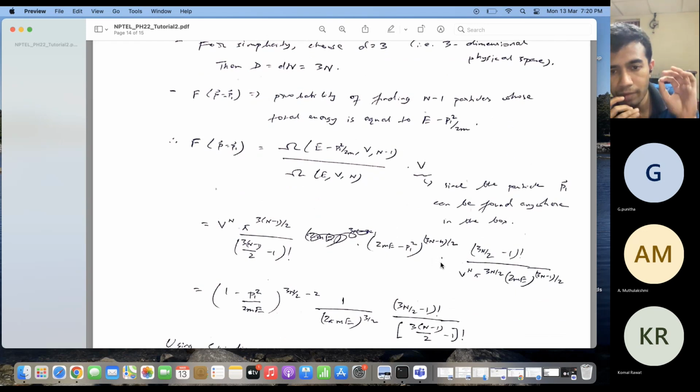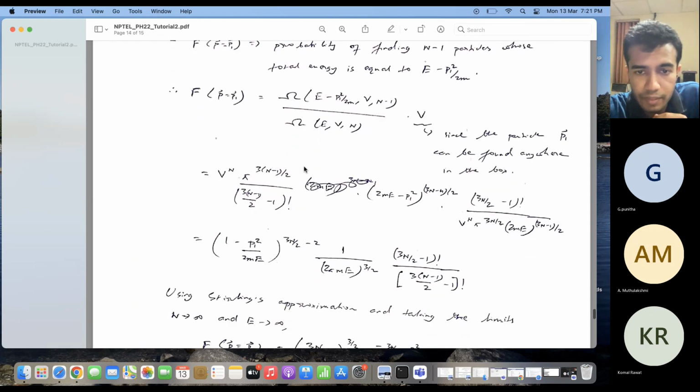Because the particle of momentum p1 can be residing at any point in my box. Okay, so for each point I have a combination of microstates. If it is at another point, I have another combination of microstates. And so if I incorporate all those contributions, I get a factor of V over here. Okay, divided by the total number of microstates, because this is a probability.